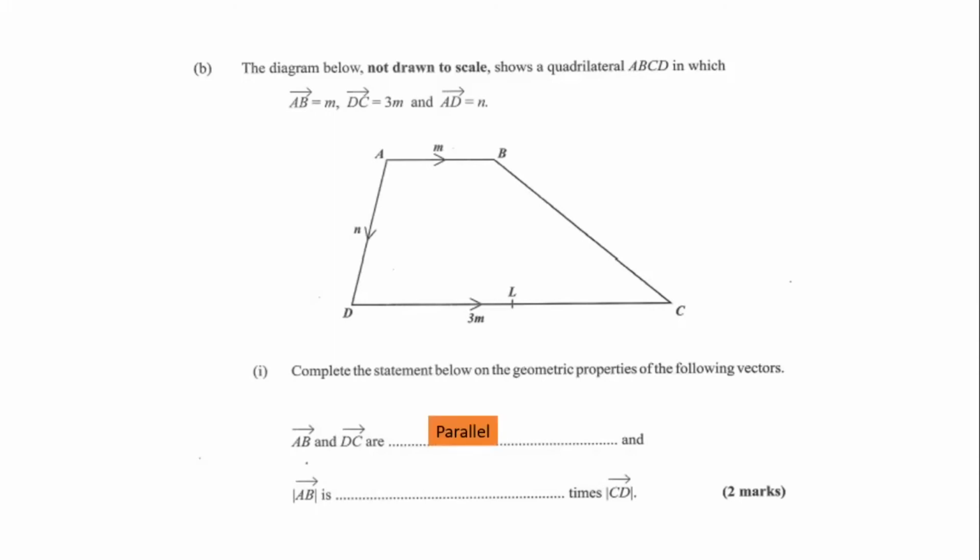And for the length of AB, what we're seeing is that AB is M and DC is 3 times M, which means that DC is 3 times the length of AB, which means that AB is 1/3 times the length of CD. So 1/3 times 3M will give the length of AB.